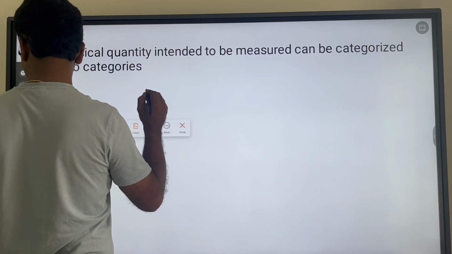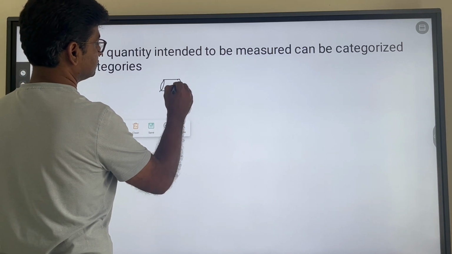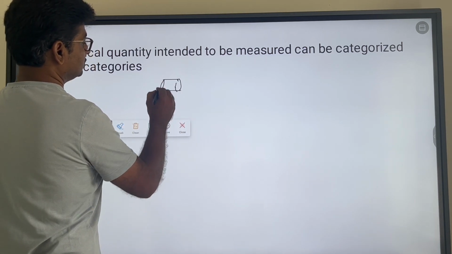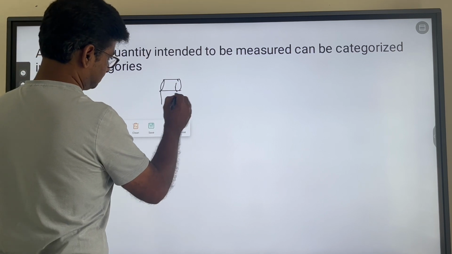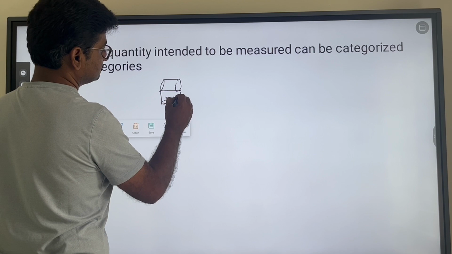I have something like this. Now let the length of this be 30 mm.